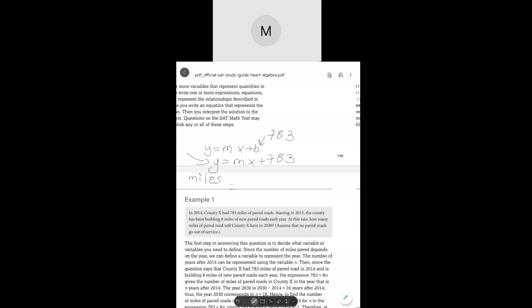So every year we are building 8, which means our slope is going to be 8 miles per year. So 8 times the number of years, which we already said was 16, plus 783 will give me the total miles I need by 2030.